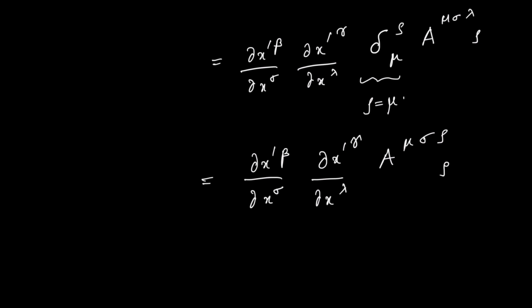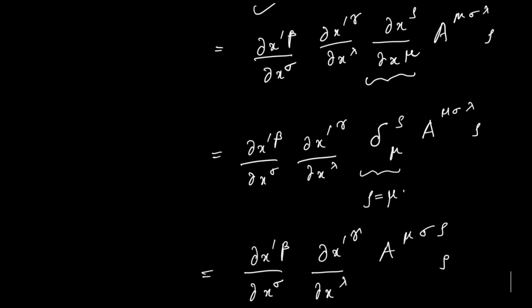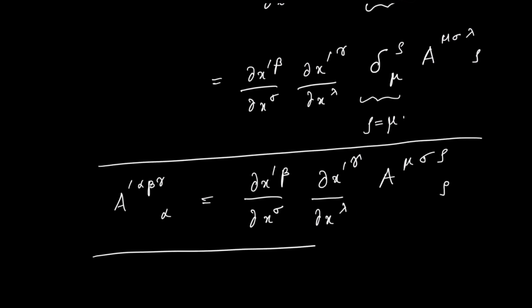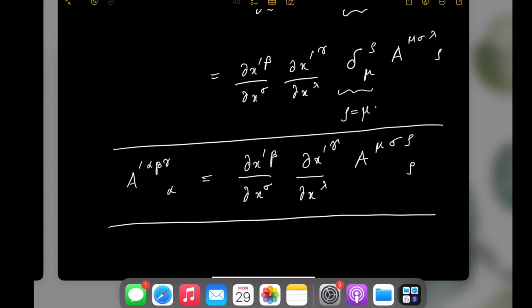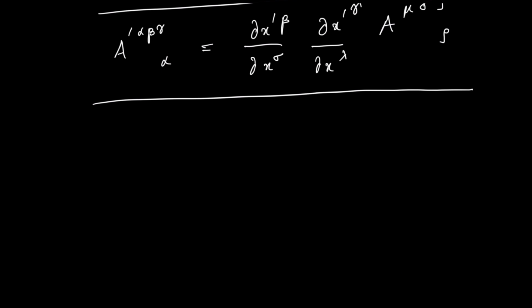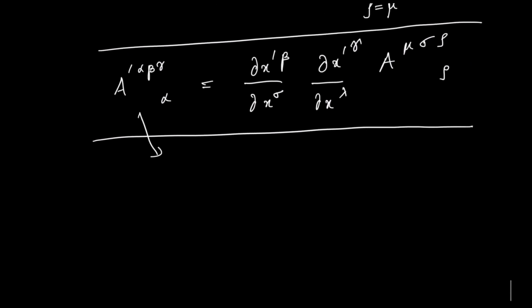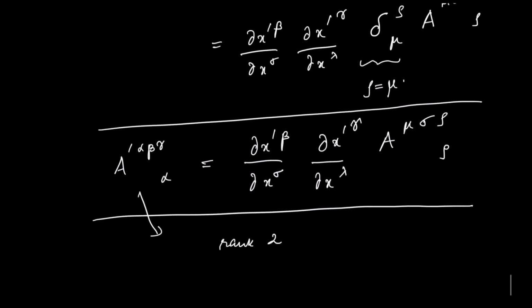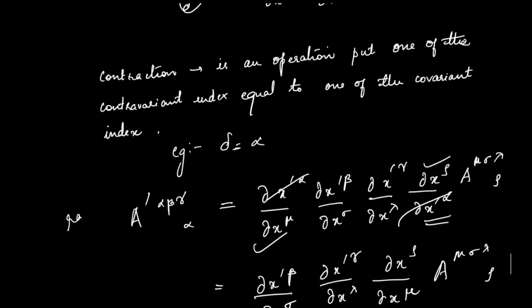Okay. So thus, you can see that here it will be A prime alpha beta gamma alpha is equal to this one, right? So this shows that A prime alpha beta gamma alpha is a tensor of rank 2. This is a rank 2 tensor. So initially I started with a rank 4 tensor, right?